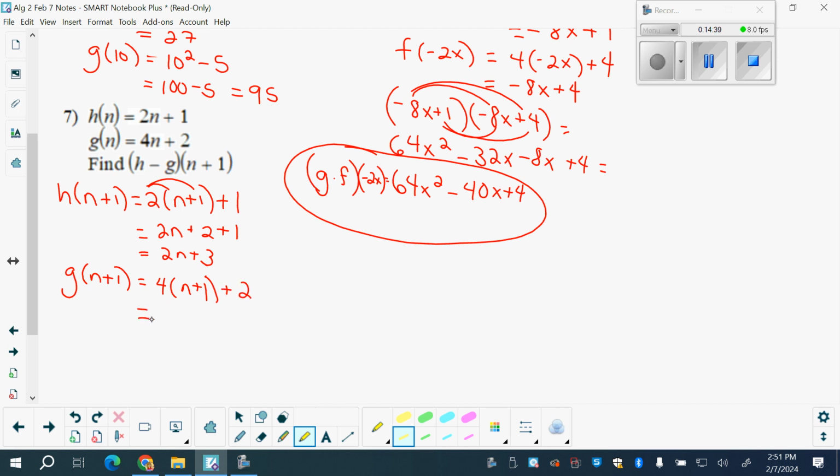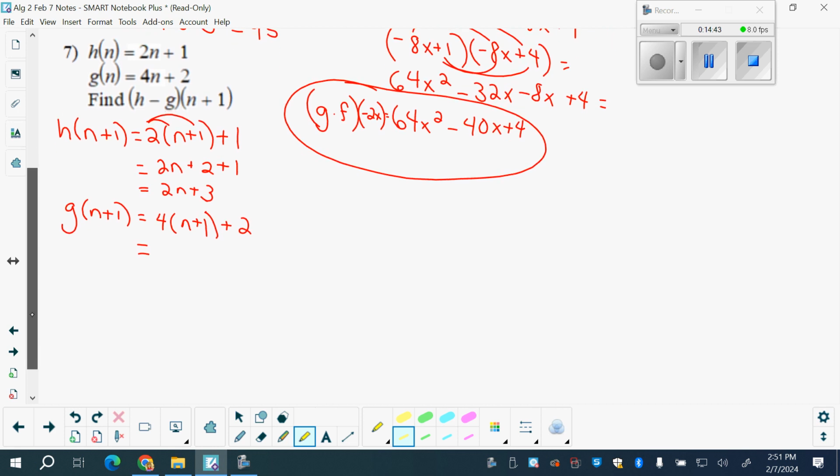So then when we simplify that, Leah, what do we get? So you just want to multiply 4 by the n and 4 by the 1.